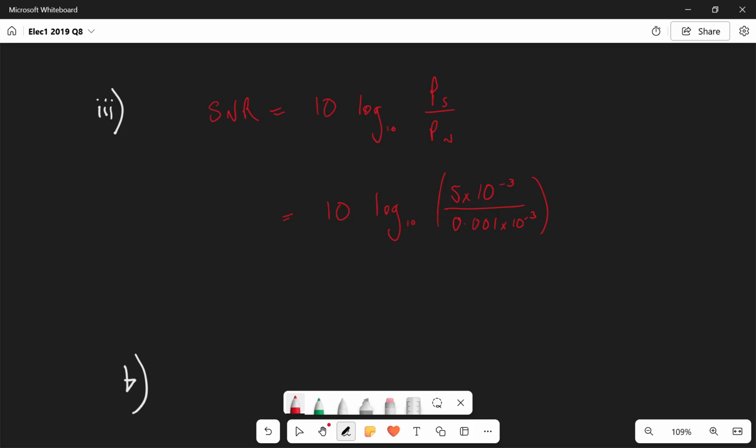And so that gives us an answer of 36.99, or let's round that up to 37, and dB. Now you've got to make sure that the d is lowercase and the B is a capital, otherwise you've got incorrect units there.